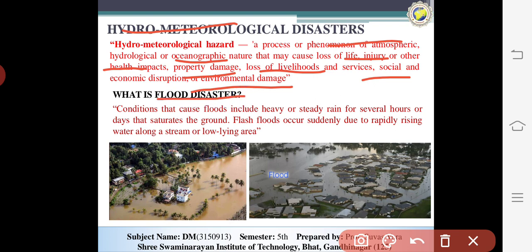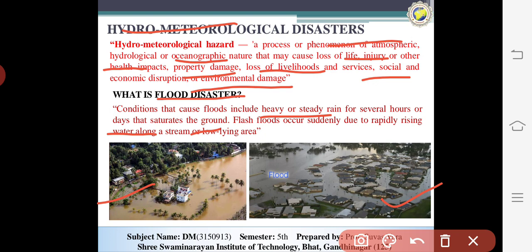Flood is basically similar to the tsunami, but the tsunami is generated in the oceans, and the flood disaster is generated in the villages and cities. You can see the figures, and we can easily understand what floods are. The conditions that cause floods include heavy and steady rainfall over several hours or days that saturates the ground.